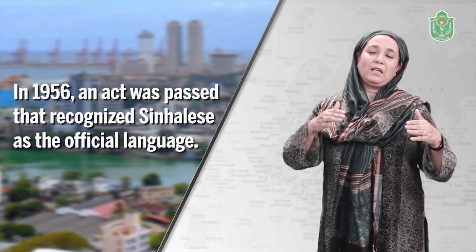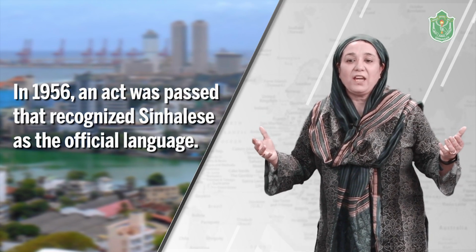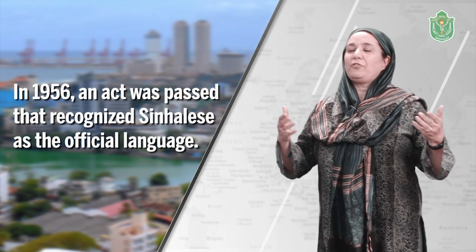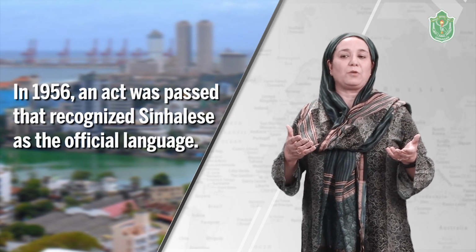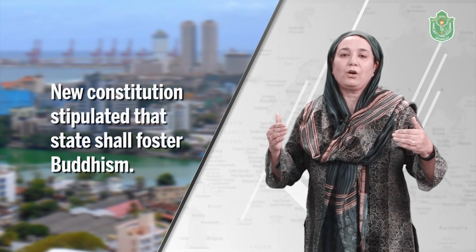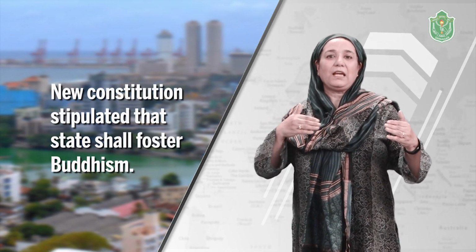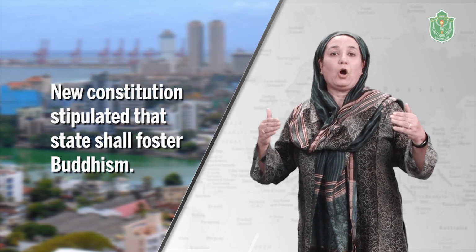The government follows policies which favor Sinhalese applicants for universities and government jobs. A new constitution is framed, and that constitution, children, fosters Buddhism. That is, it favors the religion of the Sinhalese.